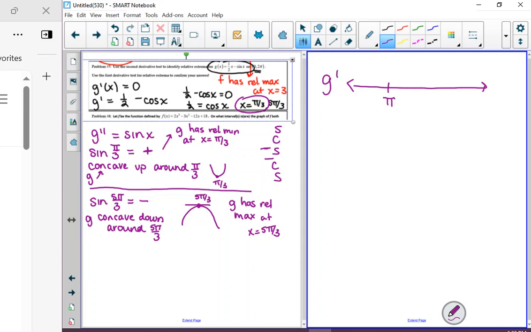I would put pi over 3 on it. I would put 5 pi over 3 on it. I would be looking at 1/2 minus cosine x. And I would be putting numbers in to test that.